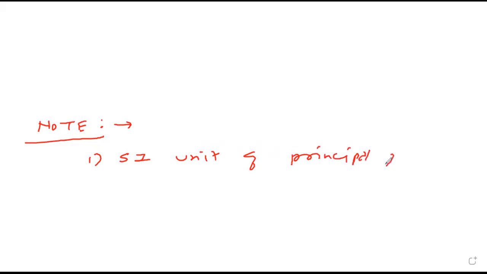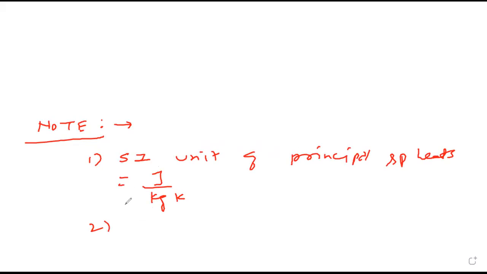Note right down how we are going to understand whether it is principal or molar from the information. See, SI unit of principal specific heat will be joule per kg Kelvin.